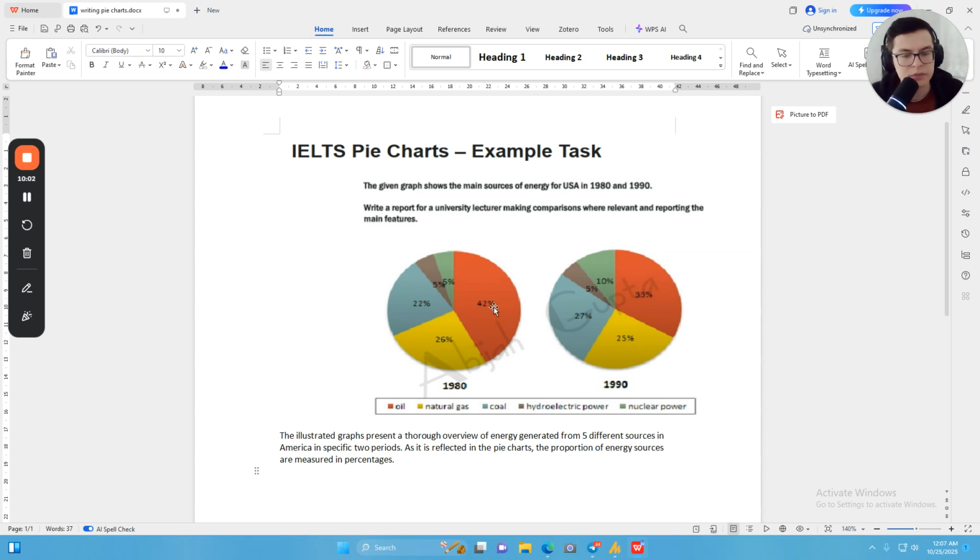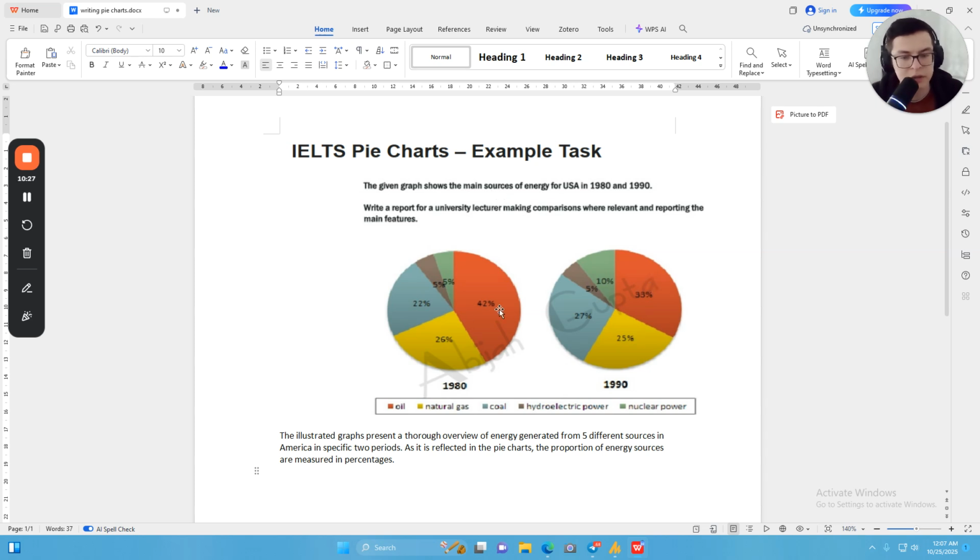So I can see in the first pie chart, oil just made up the highest proportion of the entire pie chart. And in the next period, it also secured its own position, its own status, or maybe dominated the America energy production sources.